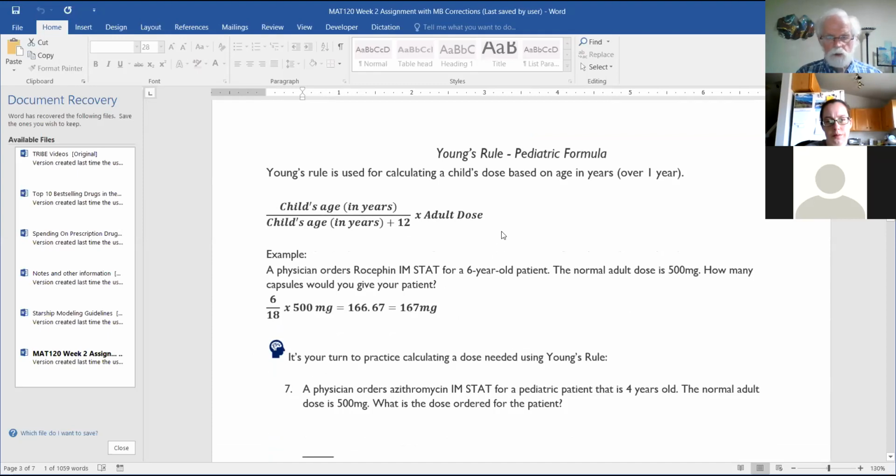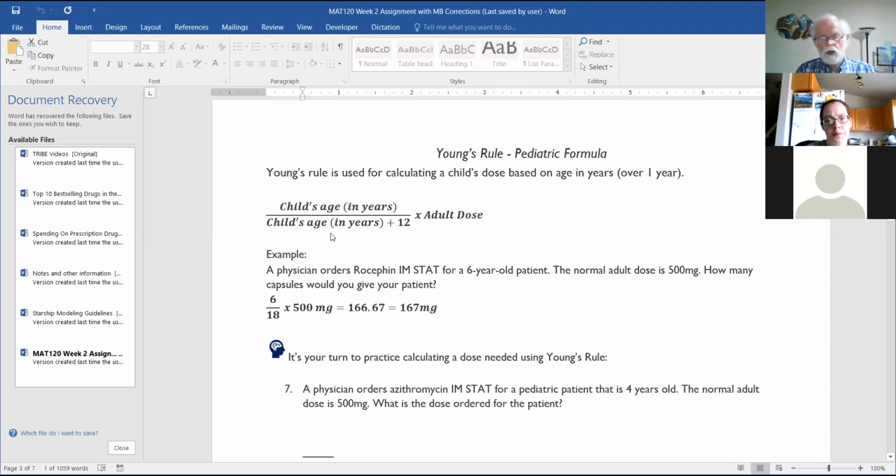Another one is called Young's rule, and this is age-based. The previous Clark's rule was based on weight. Young's rule is age-based. So we have the child's age in years, and we divide that by the child's age in years plus 12 years and multiply that by the adult dose. So we've added 12.